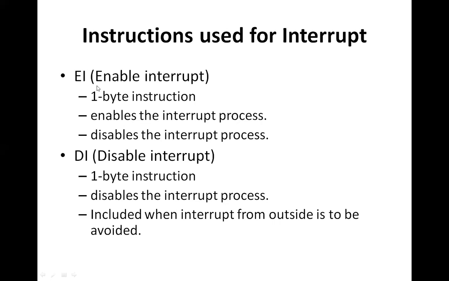The purpose of EI is to enable the interrupt process. Once it enables the interrupt process, any device which is connected with the microprocessor can interrupt the operation of the microprocessor.